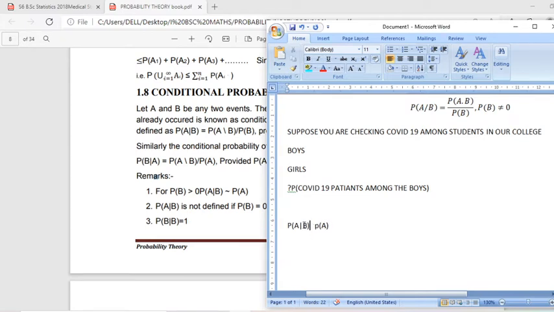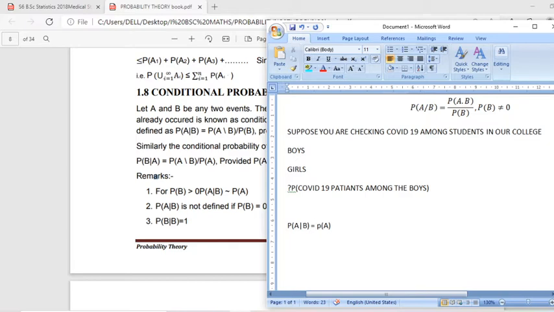If these probabilities are equal, what can we say about these two events A and B? That means after B occurs, the probability of A is the same as the probability of A before B occurs. If we observe B, we have a probability; without observing B, we have a probability. Both probabilities are equal. So what is the meaning?